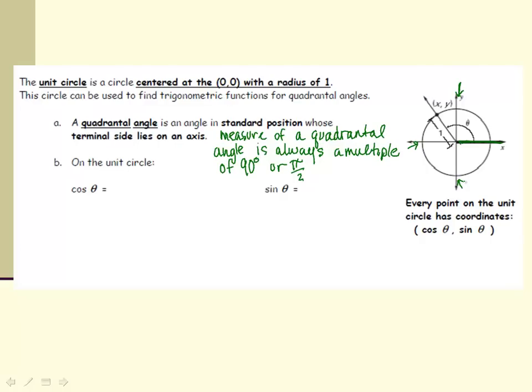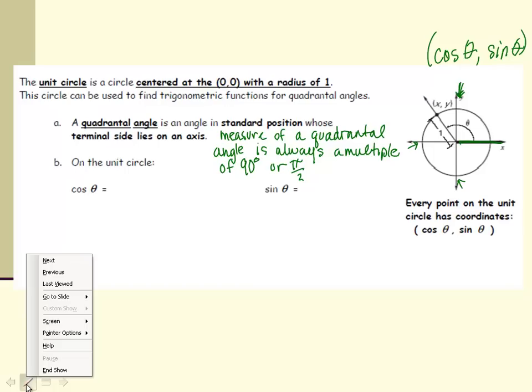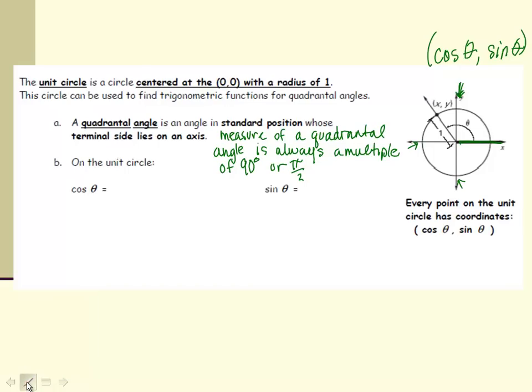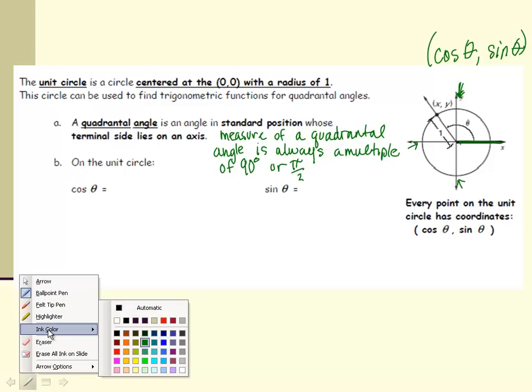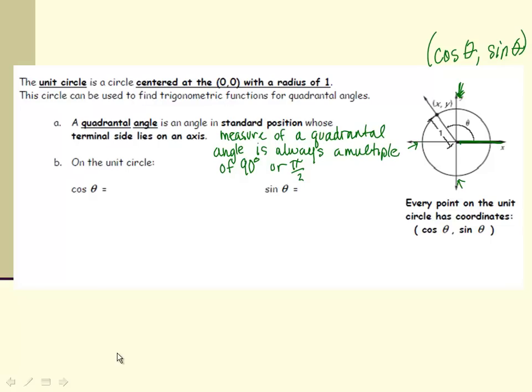So on our unit circle, let's see what the sine or cosine must be for a quadrantal angle. What I want you to remember here is that the x value is the cosine of our angle, and the y value is the sine of the angle. At this top point, the ordered pair is (0, 1).